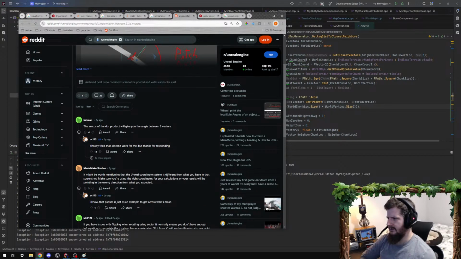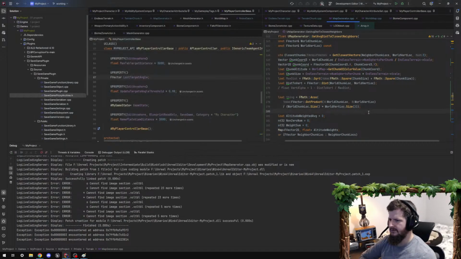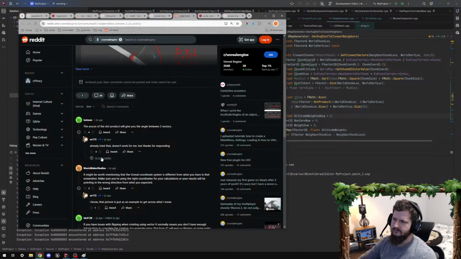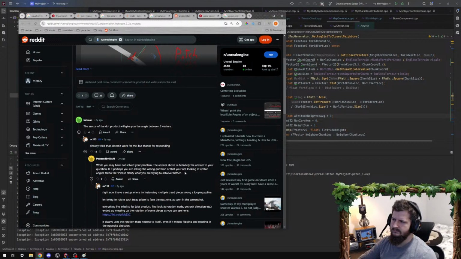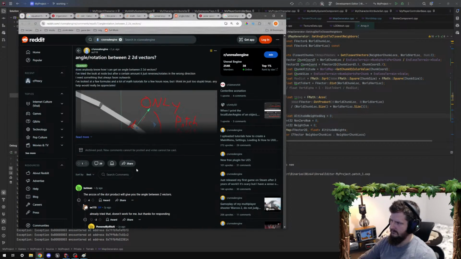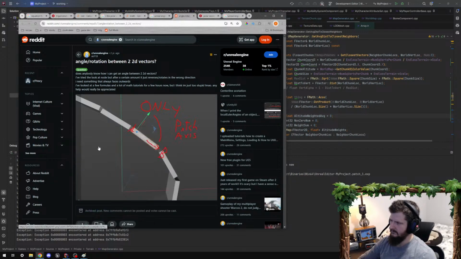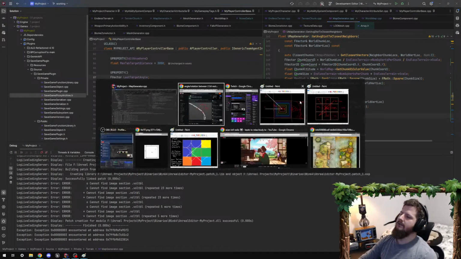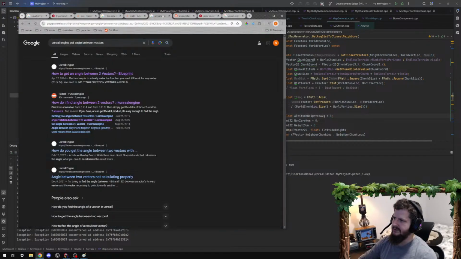The arc cosine of the dot product will give you the angle between two vectors. Is that the same as what I'm doing here? I need the angle between 2 points.